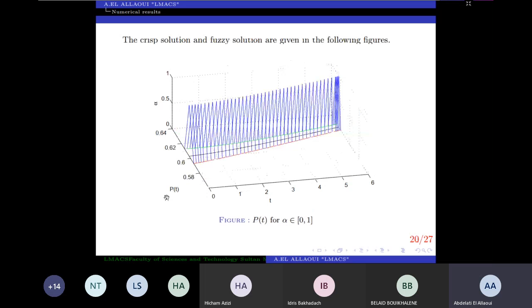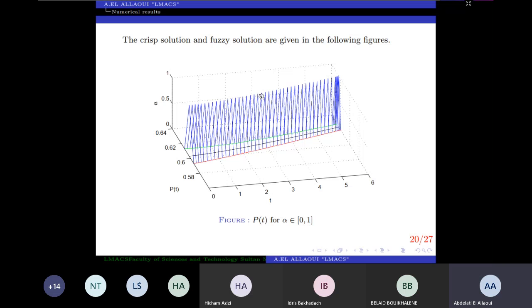So if we analyze these figures, for example, this one, for alpha equal to 0, this is the crisp solution, this is the fuzzy solution for alpha equal to 0, and the crisp solution is limited by the left and right branches of the variable P, and in this case we have a band of solutions, this is all possible cases of potential smokers.